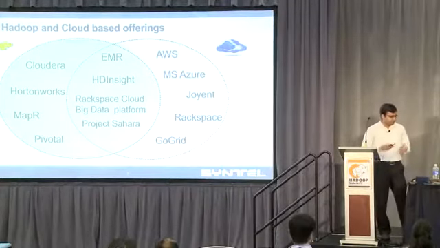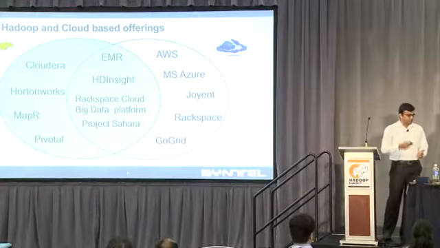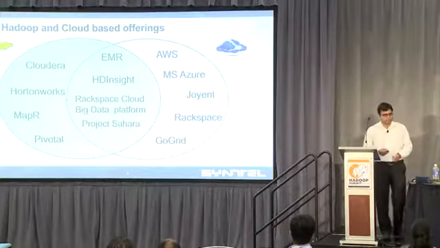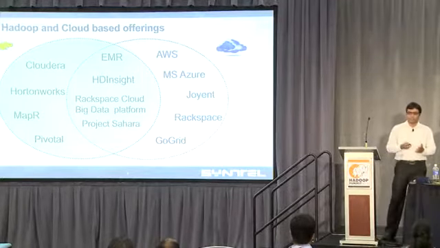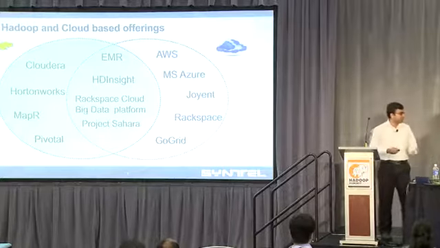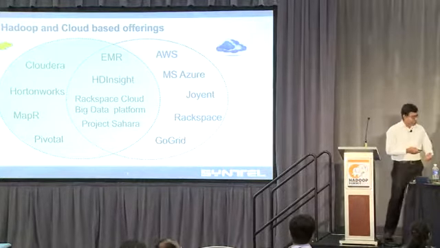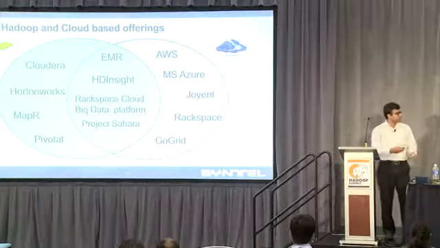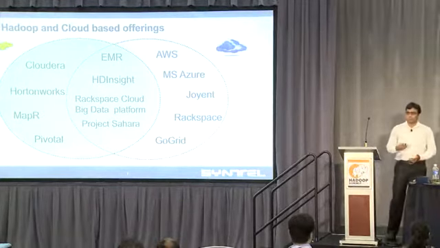With all these aspects, we try to explore some of the offerings currently available in the market which provide Hadoop and cloud. Here we are just highlighting the vendors of Hadoop, the vendors of cloud, and some of the offerings that have come out of their partnerships.